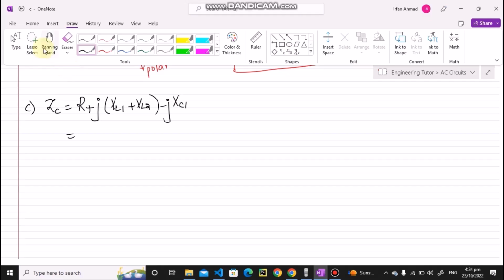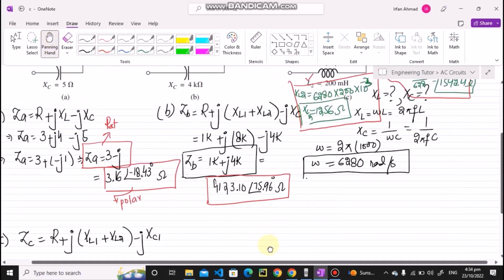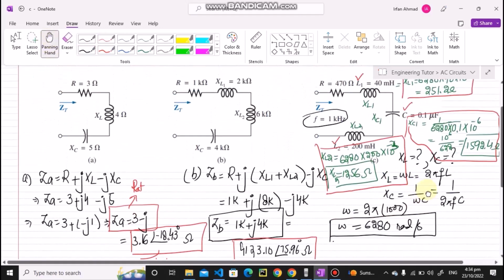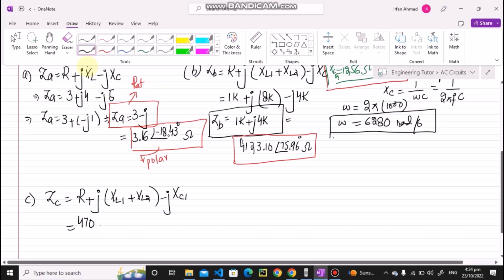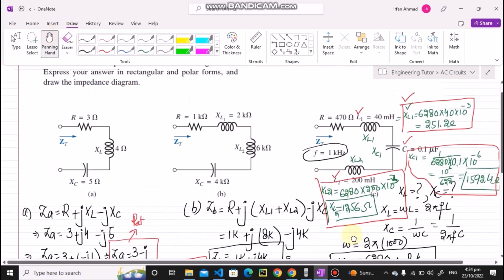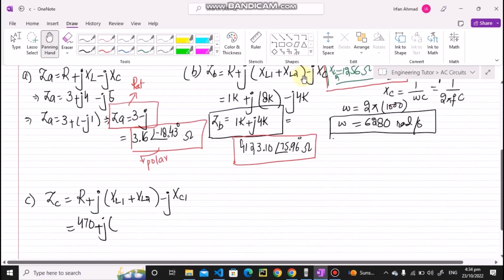Okay, so now putting their values here, let me see what those values were. The resistance was 470 ohm. So writing 470 here plus j, the value of XL1 was 251.2 ohm.